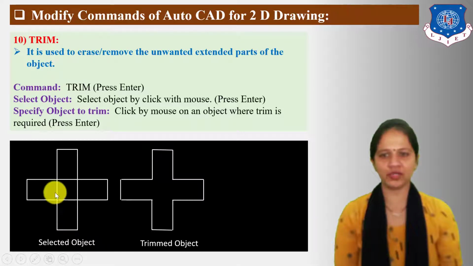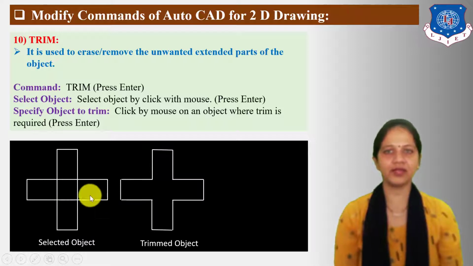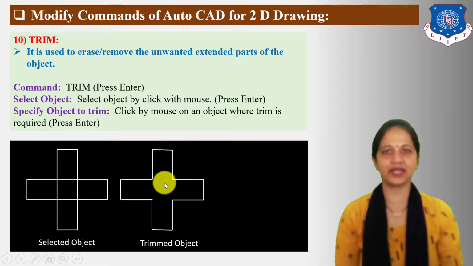If you want to trim these 4 lines, then you need to select these 2 rectangles, and after applying the trim command, this unwanted portion is removed or erased. So this indicates the trimmed object.